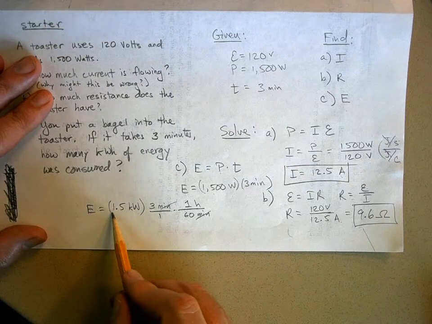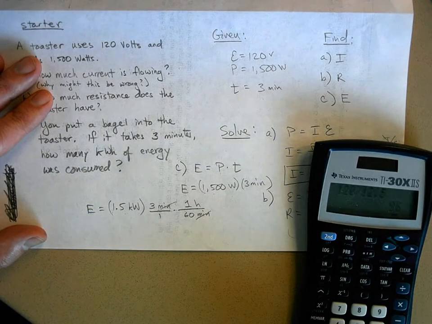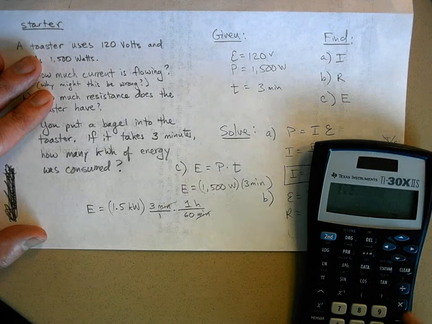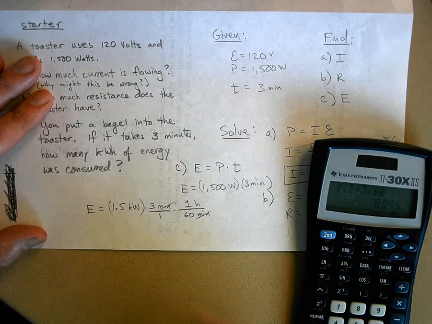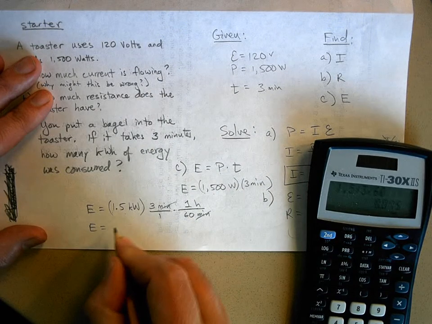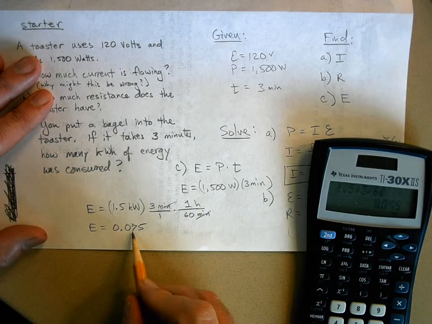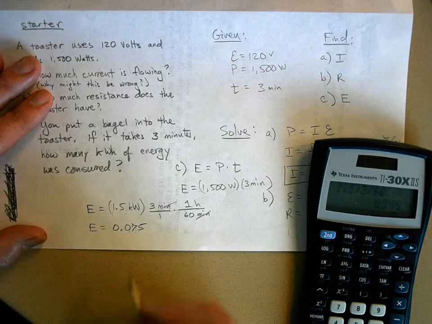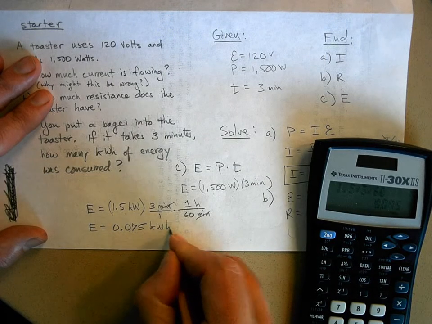So we have 1.5 times 3 divided by 60. And we get the amount of energy is like 0.075 or 75 thousandths of a kilowatt hour.